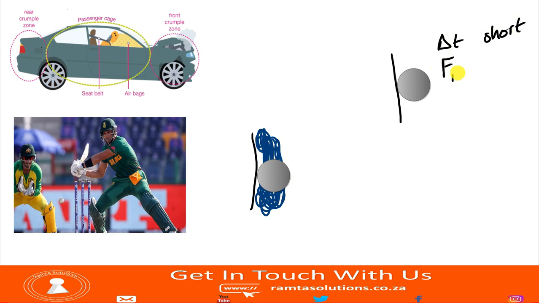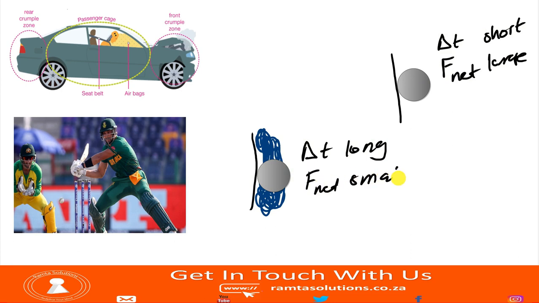And there the F net is larger. But here, the collision time is long, and this means F net will be smaller. So this explains why they need these paddings or guards.